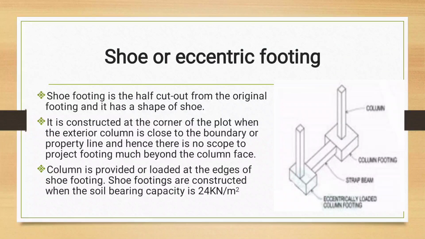It is constructed at the corner of the plot when the exterior column is close to the boundary or property line, or there is no scope to project a footing beyond the column face. The column is loaded at the edge of the shoe footing, and shoe footing is constructed when the bearing capacity is 24 kN per meter square.